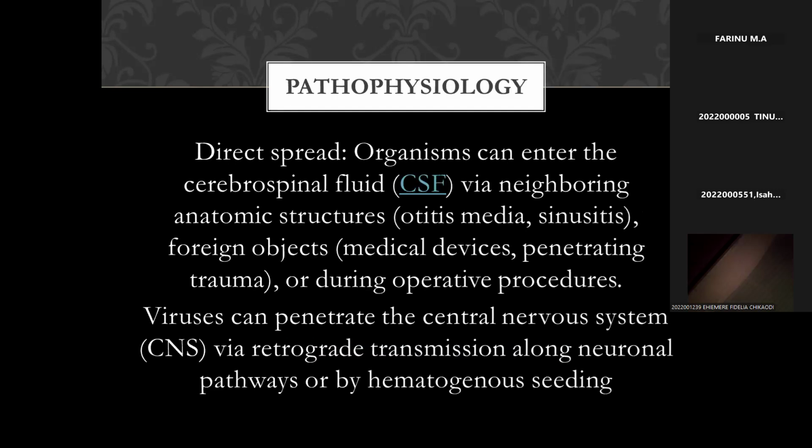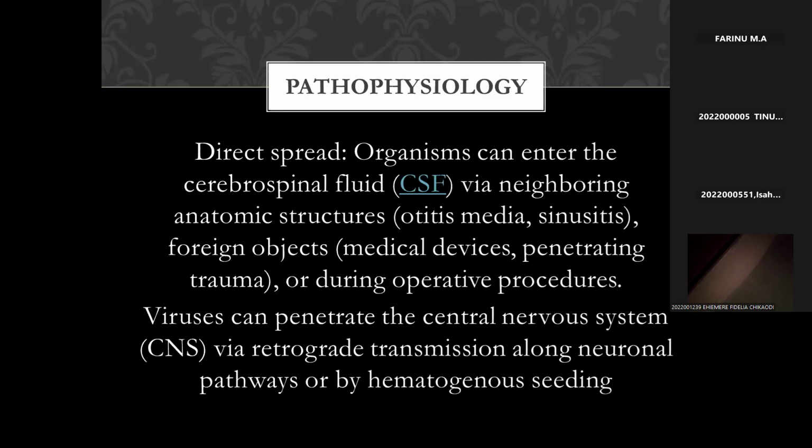Then direct spread: the organism can enter the CSF via neighboring anatomical structures. If a patient has otitis media, sinusitis, or a foreign object, I think I've explained that in the risk factors. If a patient is exposed to all these invasive procedures that have to do with the head, the brain, the spinal cord, or maybe a patient wants to do a particular investigation and you need to obtain the CSF, you have to be careful.